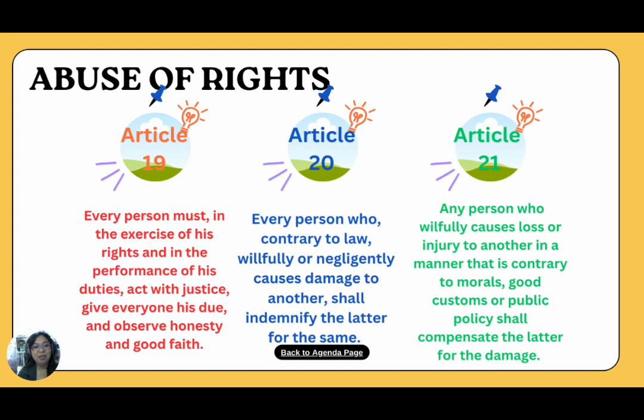Okay. Article 20, every person who, contrary to law, willfully or negligently cause damage to another shall indemnify the latter for the same. In Article 21, any person causes loss or injury to another in a manner that is contrary to morals, good custom, or public policy shall compensate the latter for the damages.